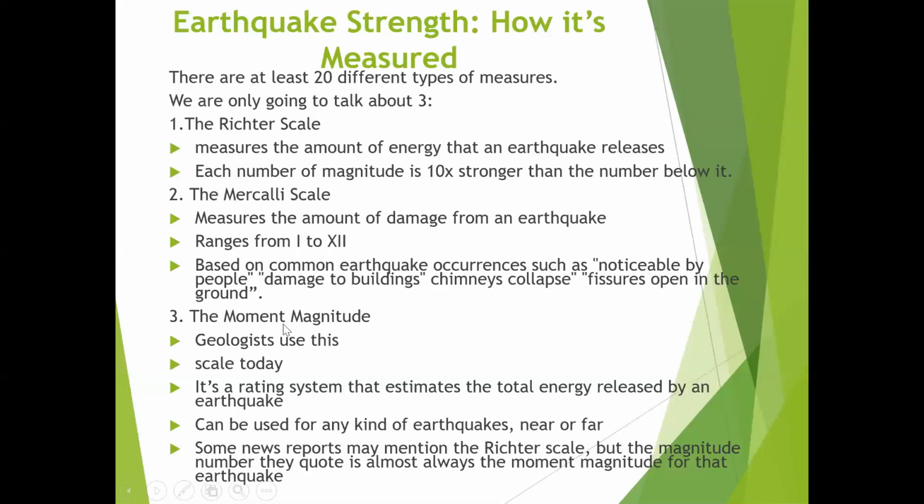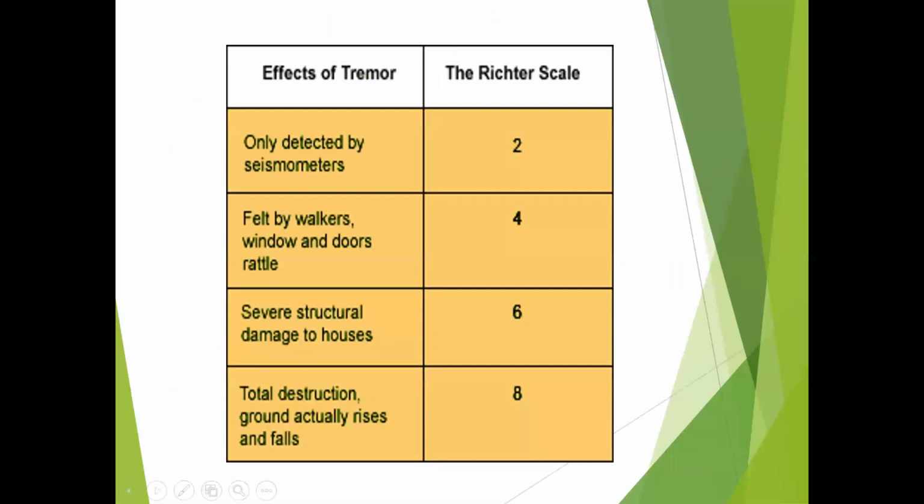The moment magnitude is going to be good at measuring earthquakes that are close and then also far away. So some news reports may mention the Richter scale, but almost always the magnitude number is from the moment magnitude.